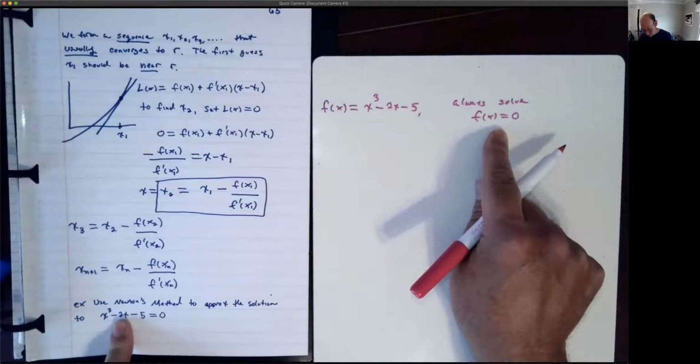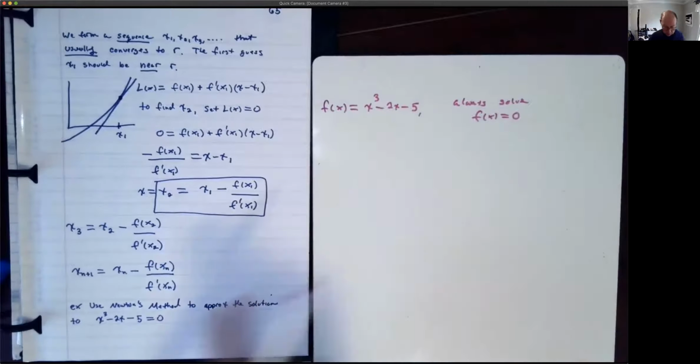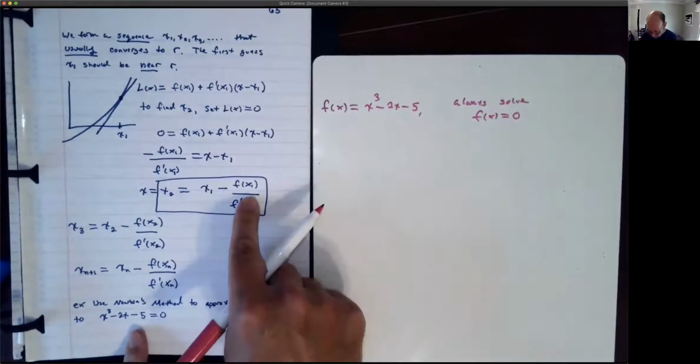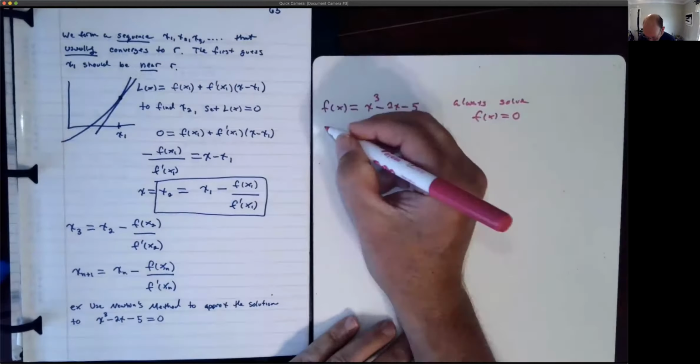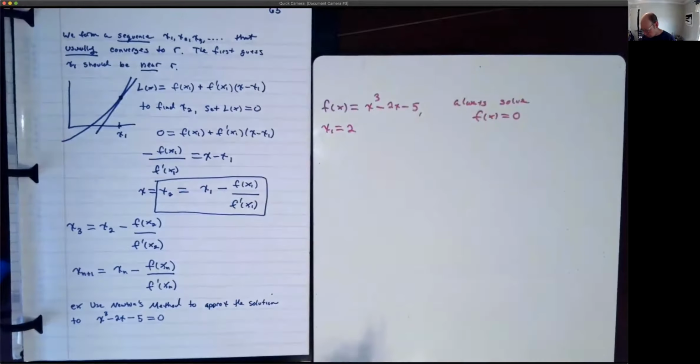You may have to put it into this form if it's not already in that form. Okay, to use Newton's method, let x1 be, how about 2? Just a guess. It doesn't really matter how you guess it in our class. Just start with any number.